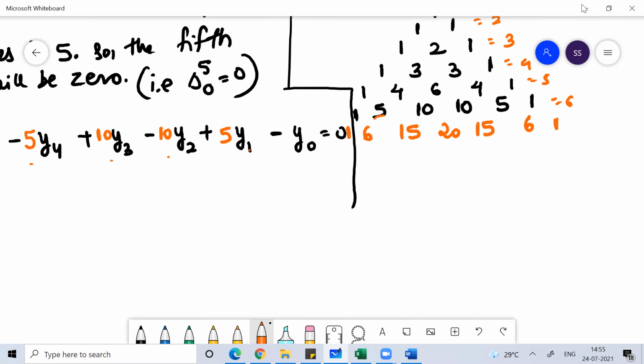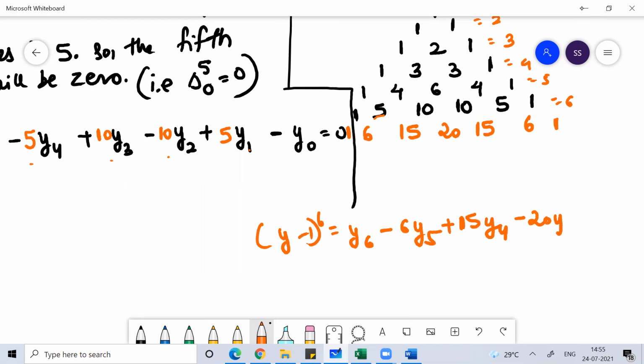So if (E minus 1) is to the power 6, you write y6 minus 6 y5 plus 15 y4 minus 20 y3 plus 15 y2 minus 6 y1 plus y0 is equal to 0.